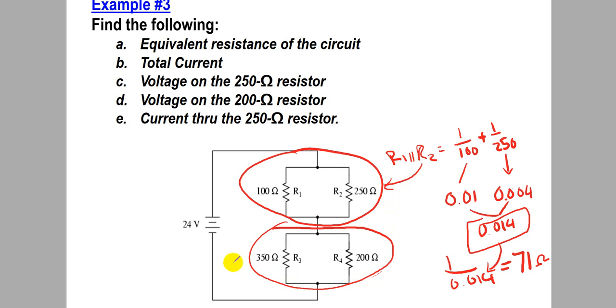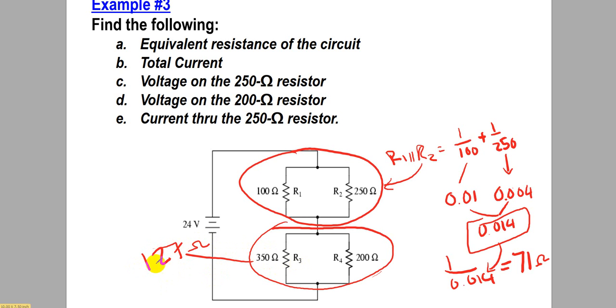Now we will do the same for R3 and R4. We find an answer of 127. So 127 ohms for this one.